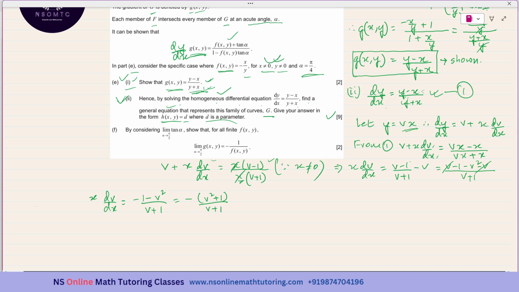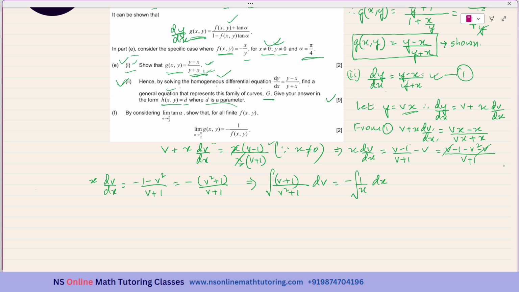And now I can separate the variables. I can write this as v plus 1 over v square plus 1 dv equal to negative 1 over x dx. Okay. And then I can get the integral of both the sides.